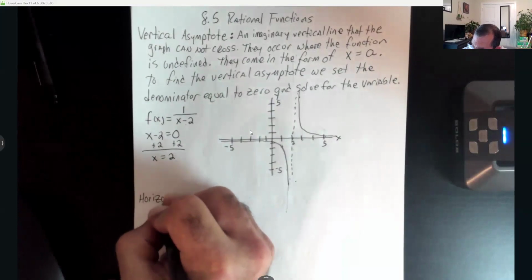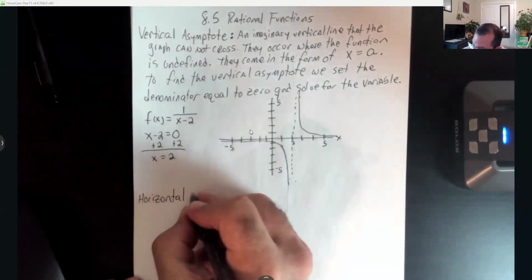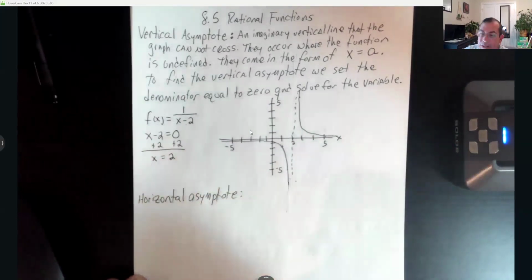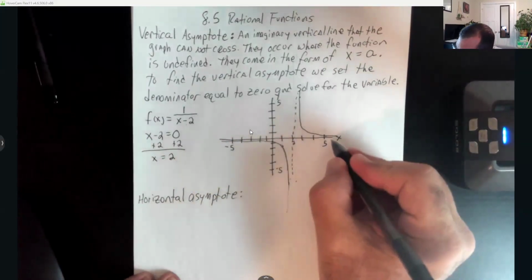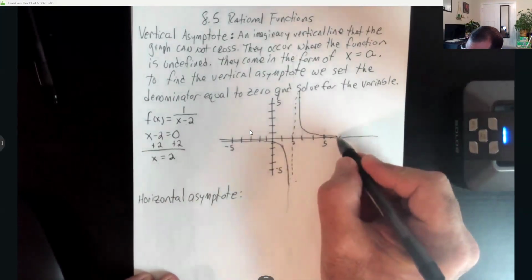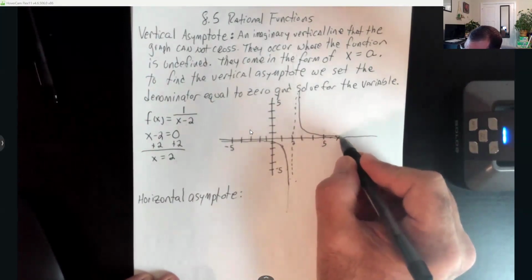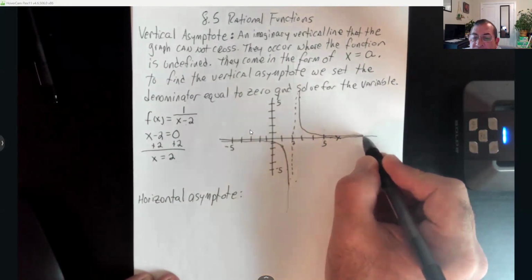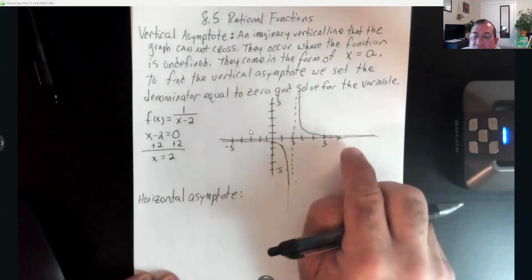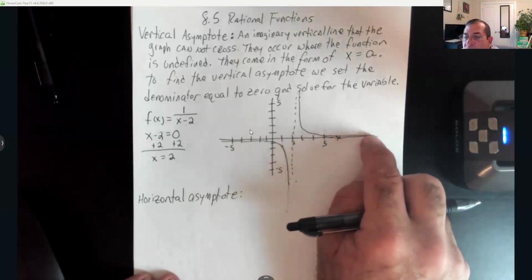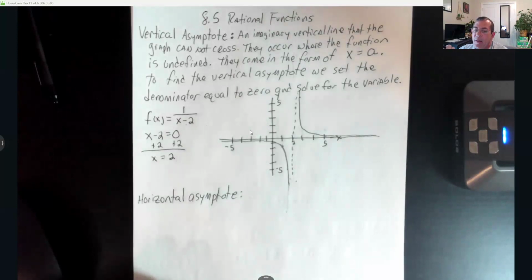So we got another one. It's a horizontal asymptote. Now I can actually show you what it is on my graph. You see, as this graph goes out towards infinity, this top part of the graph is coming down, down, down. It's trying to get close to the x-axis, but as it goes out towards infinity, it gets closer and closer to the x-axis, but it never touches it.